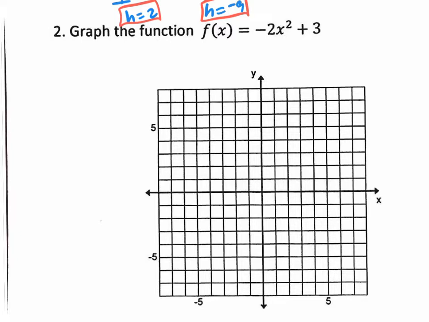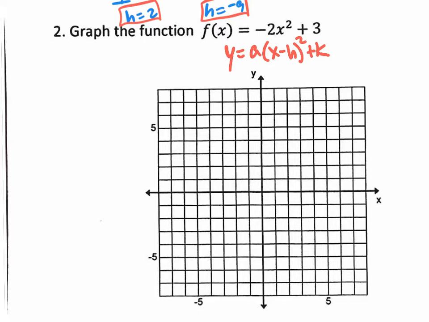Or the better way of looking at this problem is as if it were in vertex form. You guys remember vertex form? It's y equals a parenthesis x minus h close parenthesis squared plus k. If I could make it look like that, then it's really easy to find the vertex. It's simply h and k. You think opposite on h.